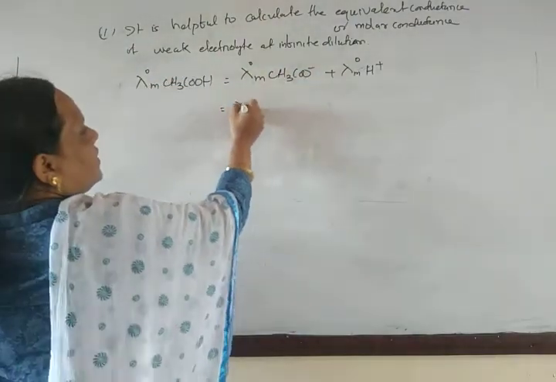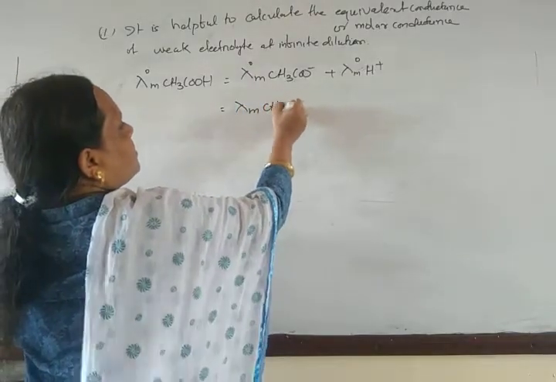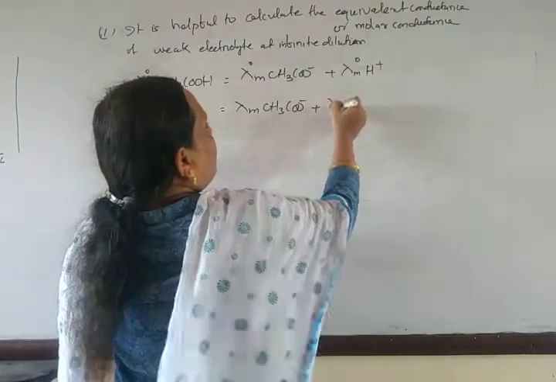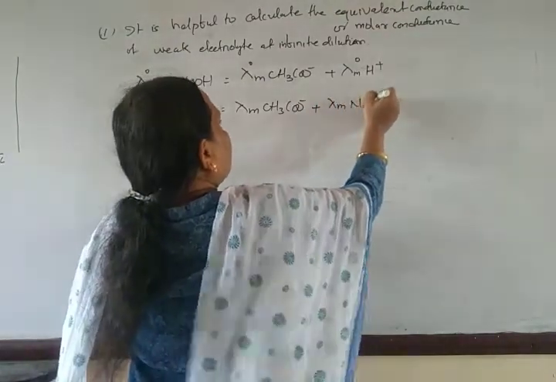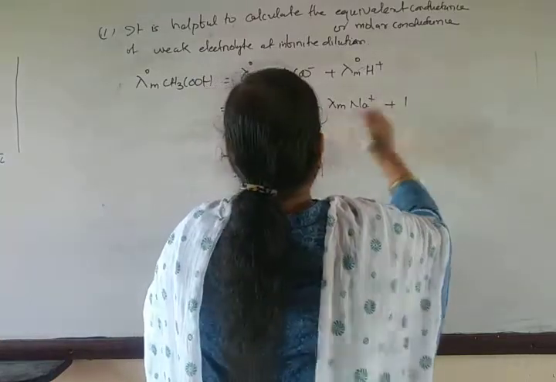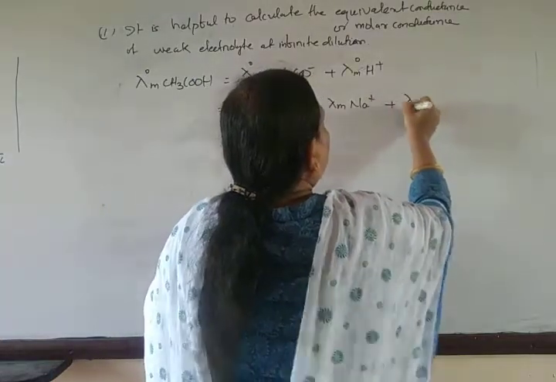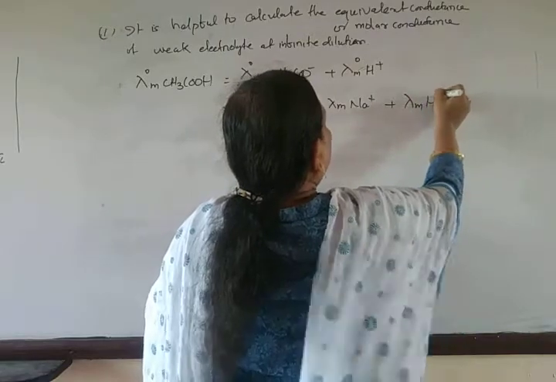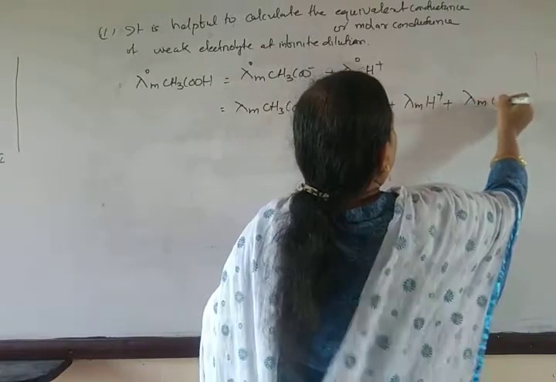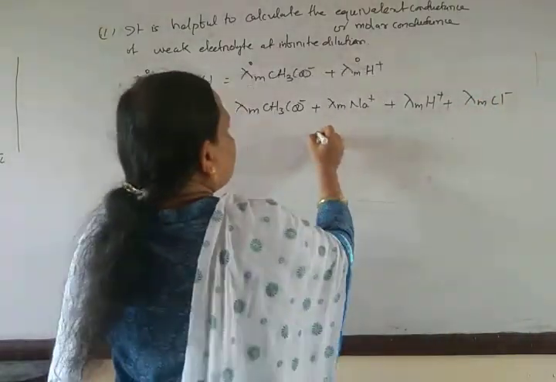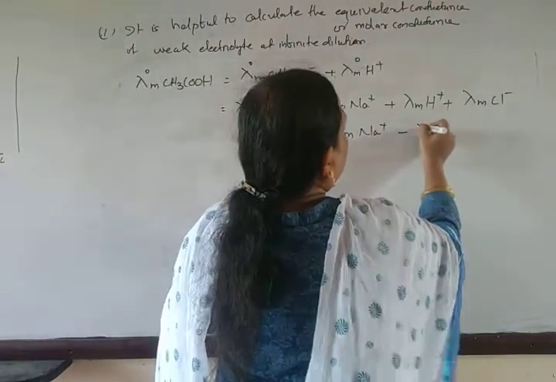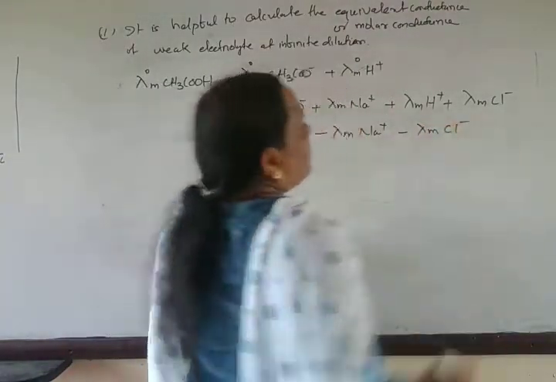Look here, I can write lambda m CH3COO minus plus lambda m Na plus, plus lambda m H plus plus lambda m Cl minus, minus lambda m Na plus minus lambda m Cl minus.